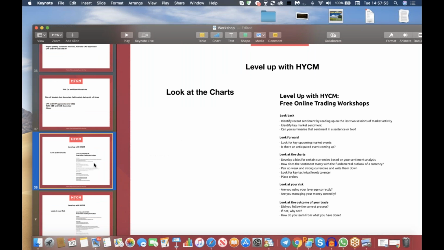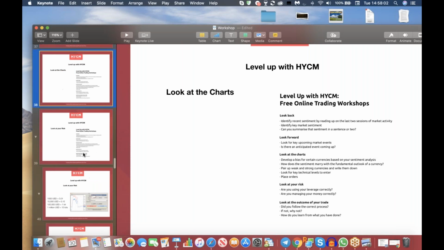So once you've looked back, you've looked forward to identify key event risk, and then we look at the charts. We've done that together today. And of course, you look at your risk. There was some research done by a big broker. I won't say the name for obvious reasons, but what they found is the more leverage that a retail trader used, the less chance that retail trader has of being profitable and successful.